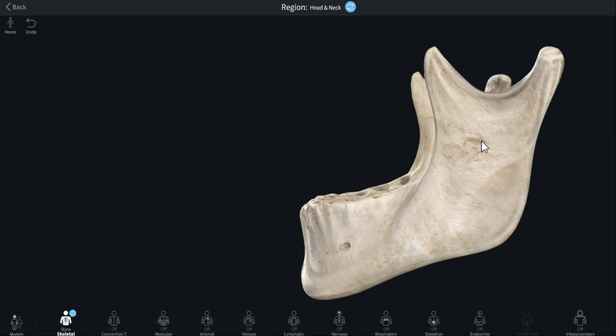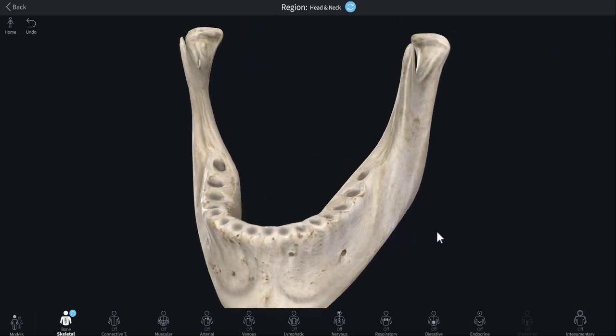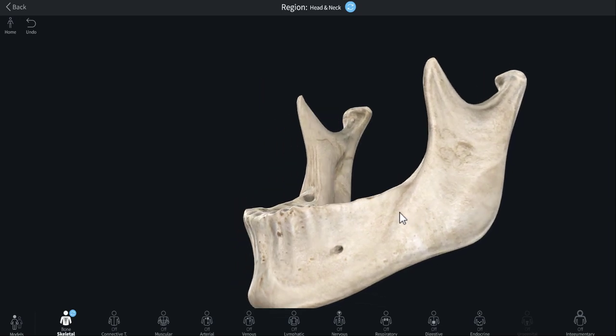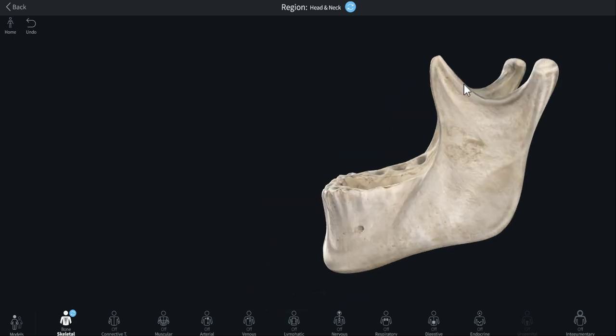But since I have said that for almost all the muscles, for the sake of novelty, I would say that masseter is a very unique muscle, in the sense that it is one of the strongest muscles of the body, and it is primarily concerned with chewing. All right. So almost the entire lateral surface of the rami of the mandible provides attachment to the masseter muscle.